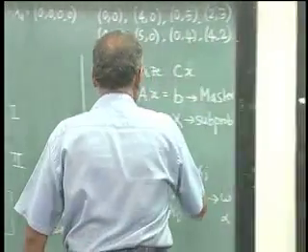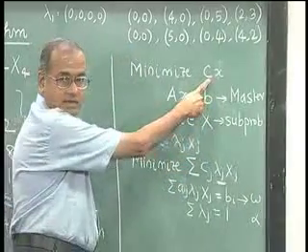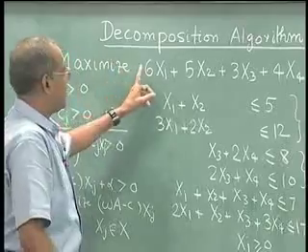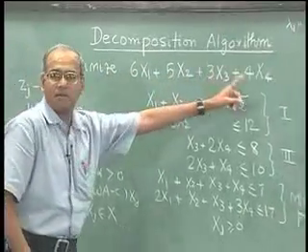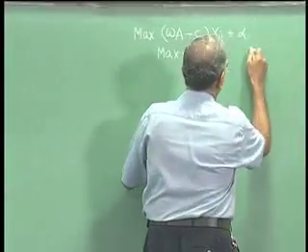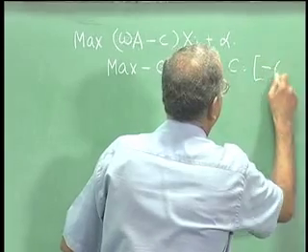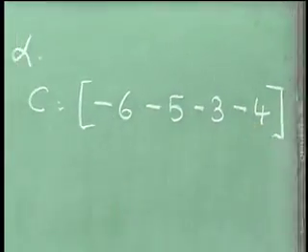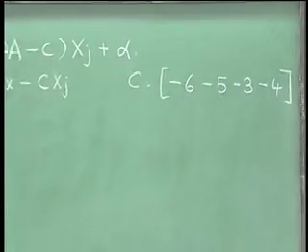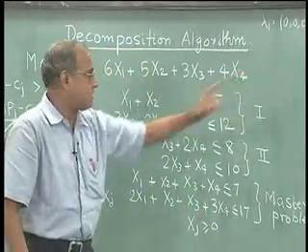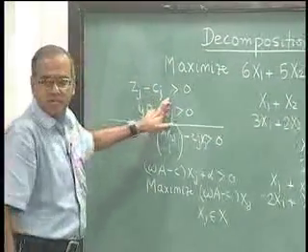Now, remember the original problem is minimize C x. So, this problem has to be written as minimize minus 6 minus 5 minus 3 minus 4. So, the C vector is minus 6 minus 5 minus 3 minus 4, because the given maximization problem has to be written as a minimization problem because the theory is derived for a minimization problem.